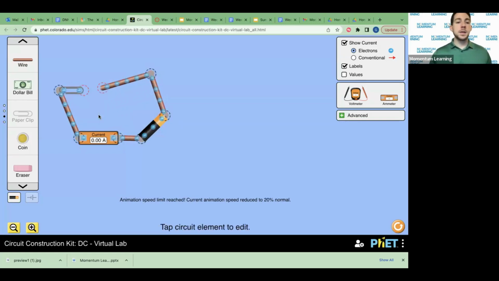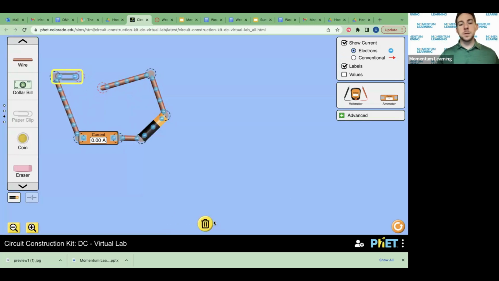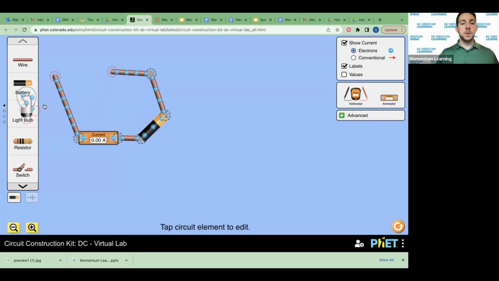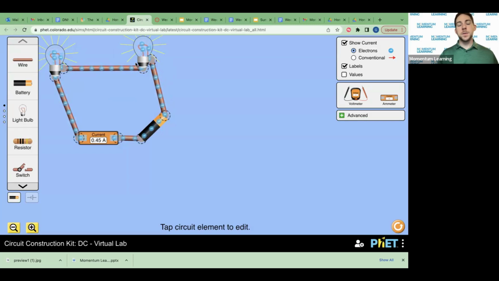Like you might explore what happens if we keep the same power source, but we add multiple bulbs. So then students would explore that on their own and see what effect it has. Right, so we can see when we added an additional bulb, the flow of electricity slowed down, and the bulbs became dimmer.